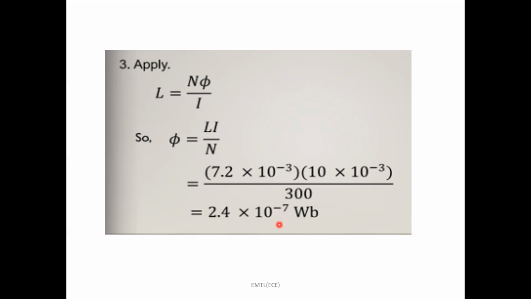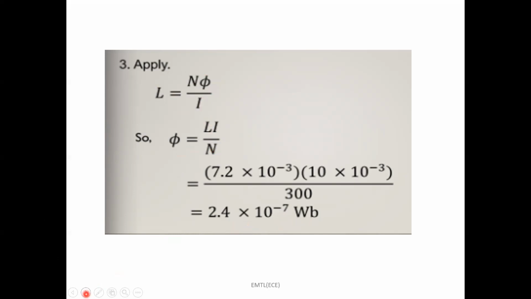The unit of magnetic flux is Weber. So this is the resultant value. Phi is equal to L I by N is derived from the formula self-inductance L is equal to N phi by I. So by knowing the values of any three, we can easily find the fourth value from this expression. Okay, so that is the solution of the problem.